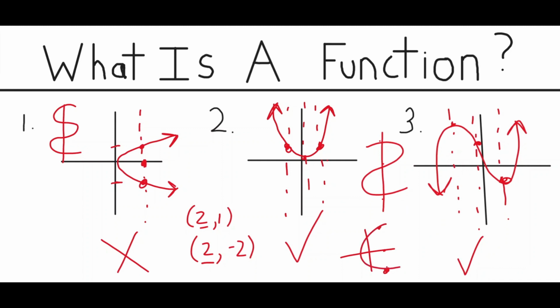And that's going to make me not pass the vertical line test because I'm going to cross that graph multiple times and it won't work. So for it to be a function, for it to pass the vertical line test, we can only have one output for each input.